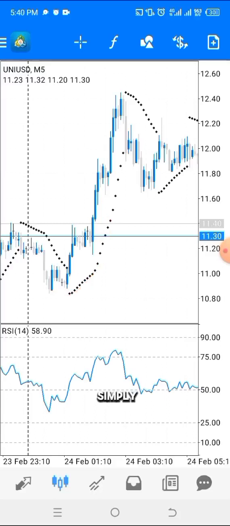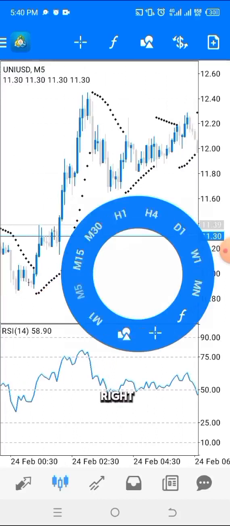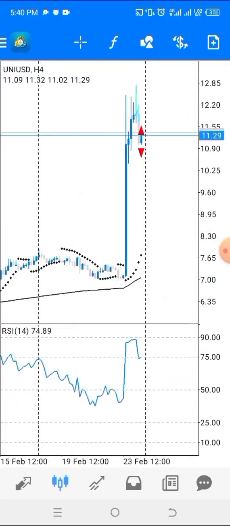Very simply, the first thing you want to do is go to a higher time frame, right? So you can go to the 4-hour time frame, and on the higher time frame what you want to do is look at the color of the candlestick, or look at the direction of the trend.